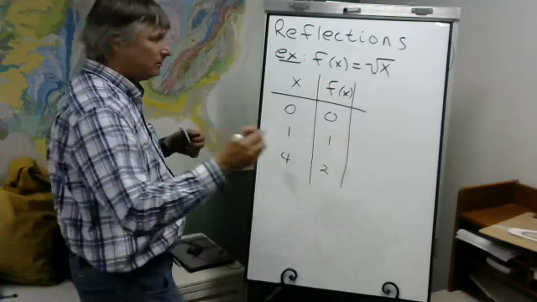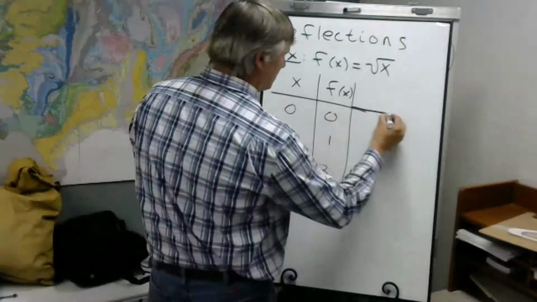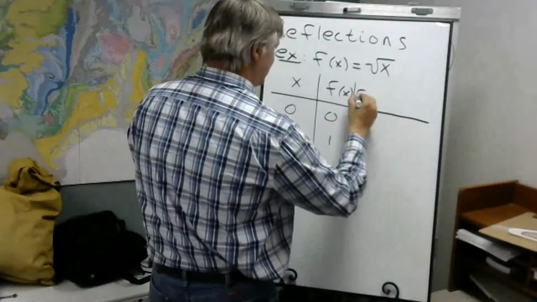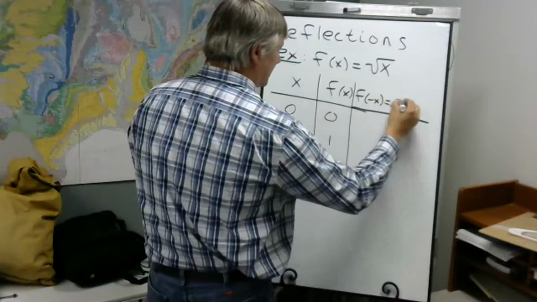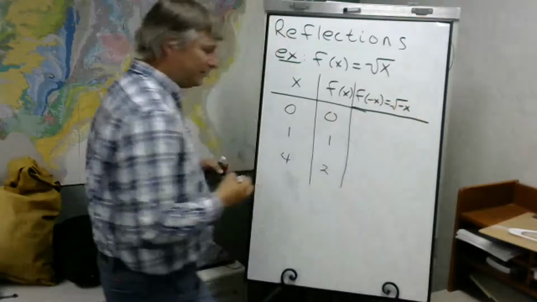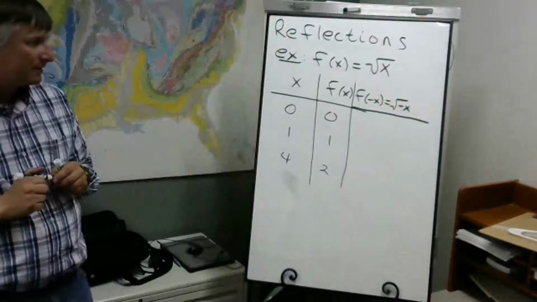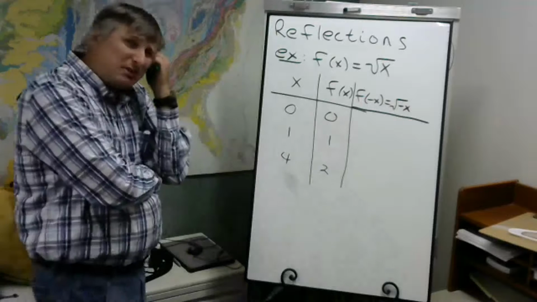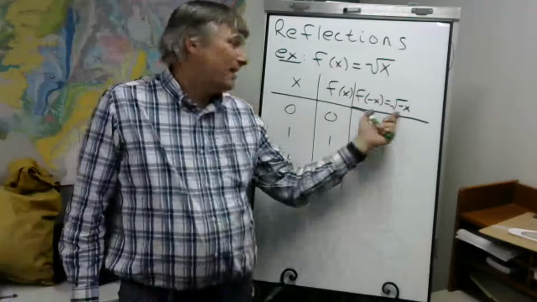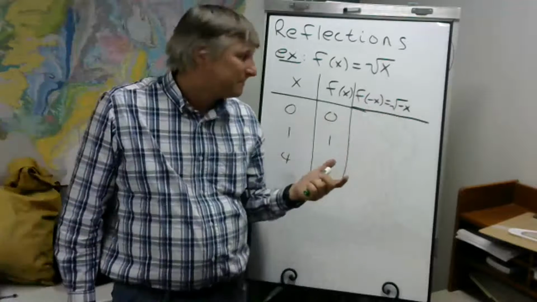But now, f of x, we're going to attach a minus to it. That becomes square root of minus x. So this might seem pretty troublesome. We just put a minus sign in a square root.